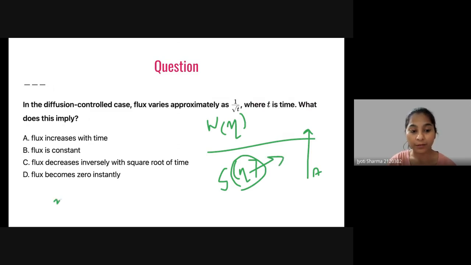So the flux at the sediment side is a function of time t. So this N is inversely proportional to the square root of t.